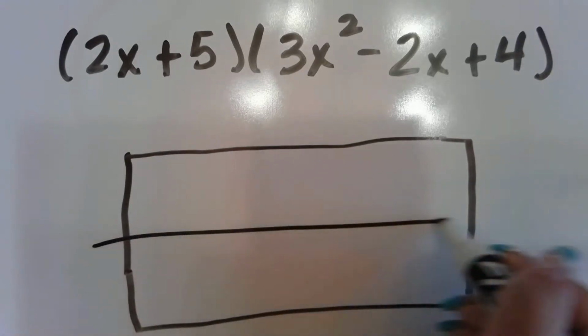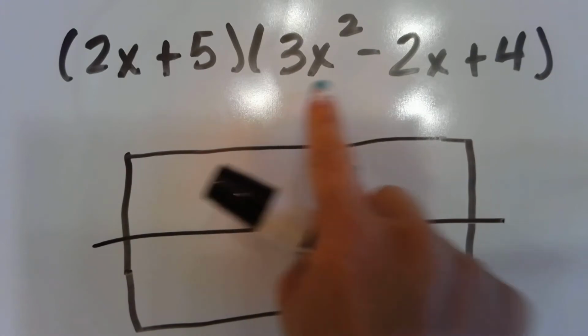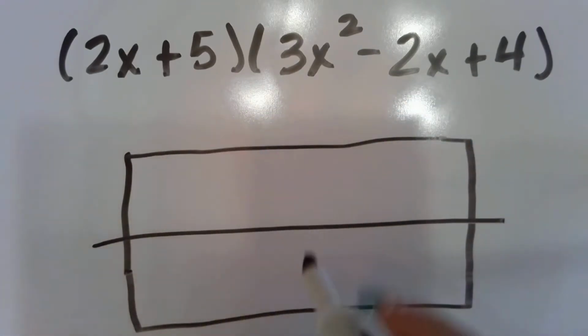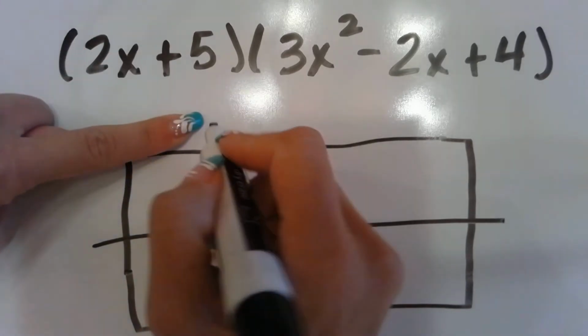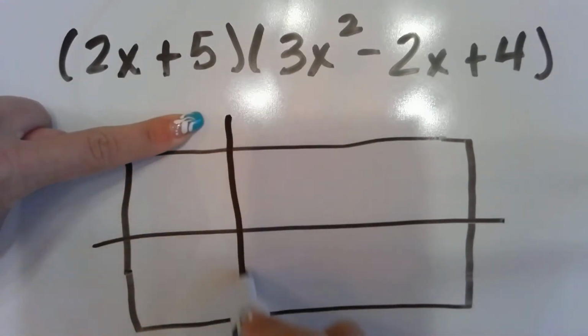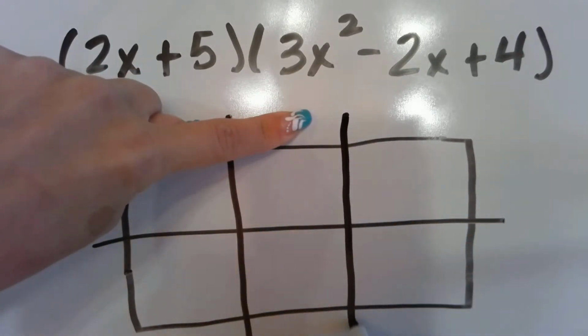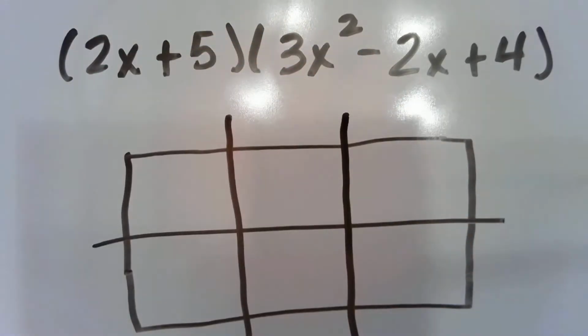I've got 3 pieces, so that's why I'm making my box really long. So I'm going to draw a box here, another line here, and then this one is going to be out here.